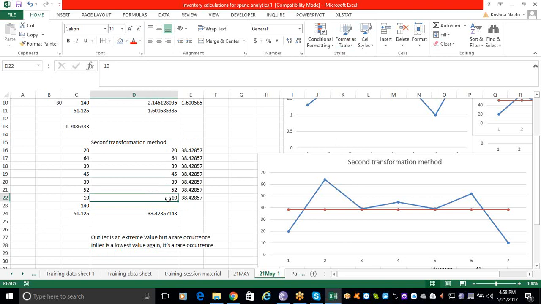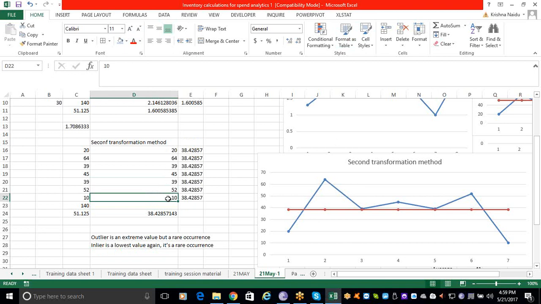Suppose we expect Albert Einstein to score 100 out of 100 in mathematics, but Albert Einstein scores only 5 out of 100. That's an inlier.